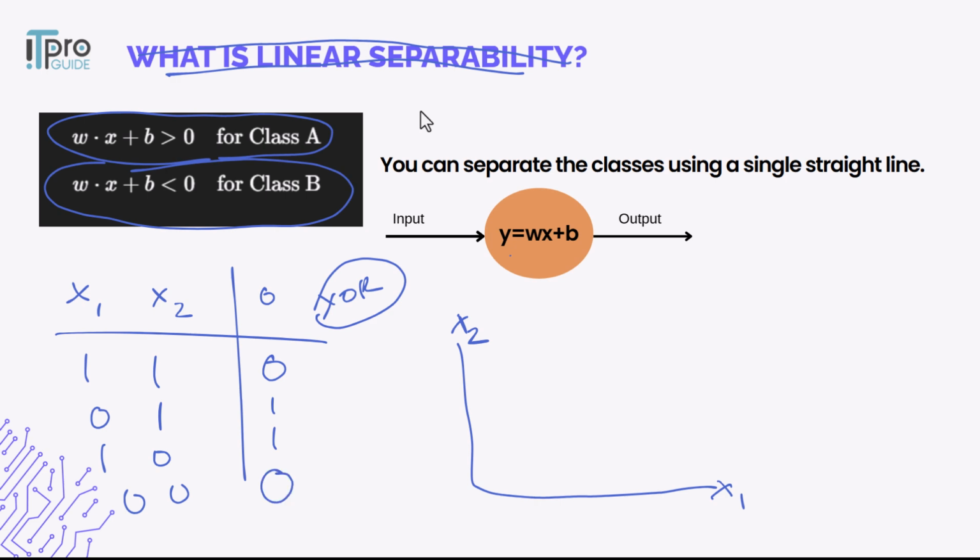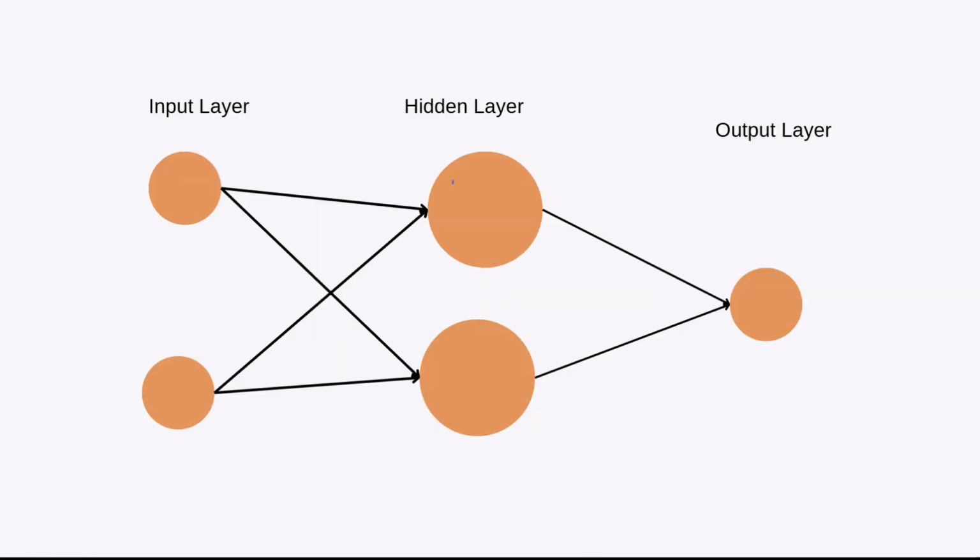If we plot these values, you will get something like this. Now you're not able to linearly separate it with a single straight line. As you can see, you cannot separate class A and class B. That means XOR you cannot solve with a single neuron.